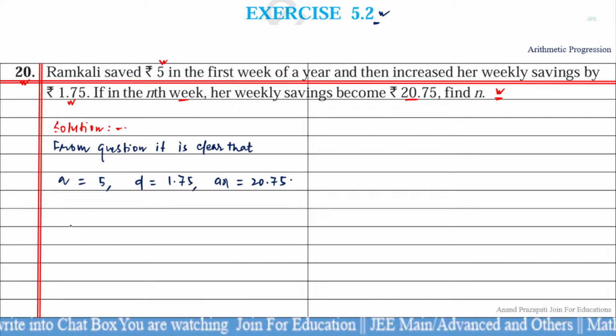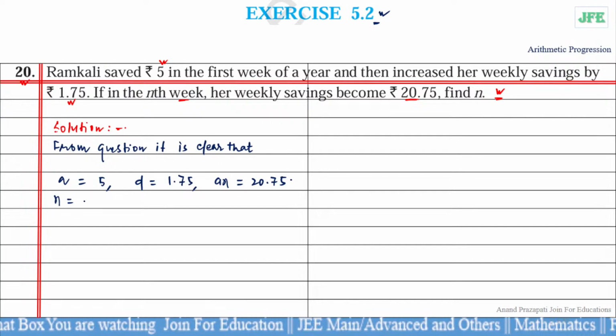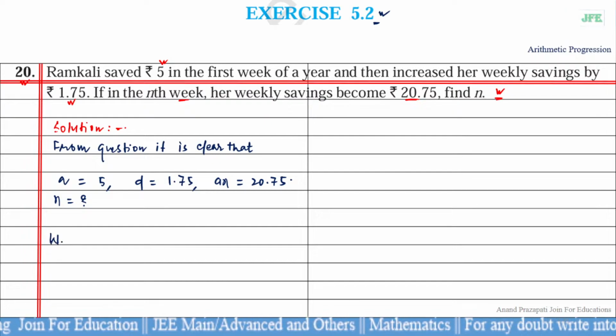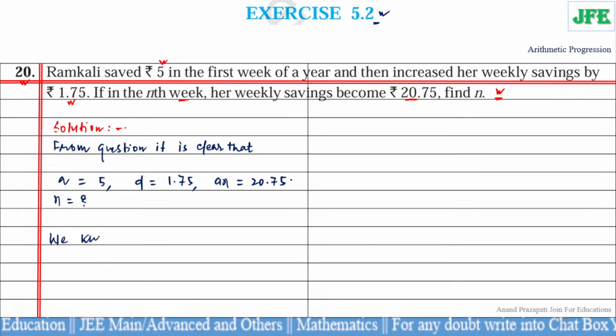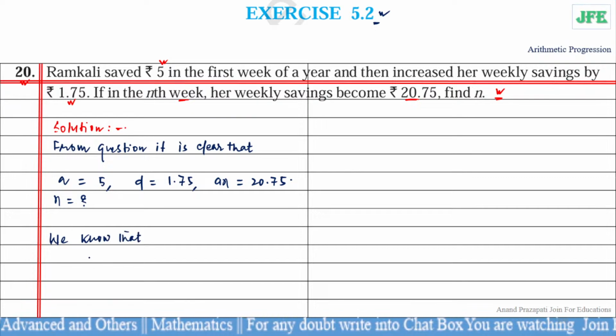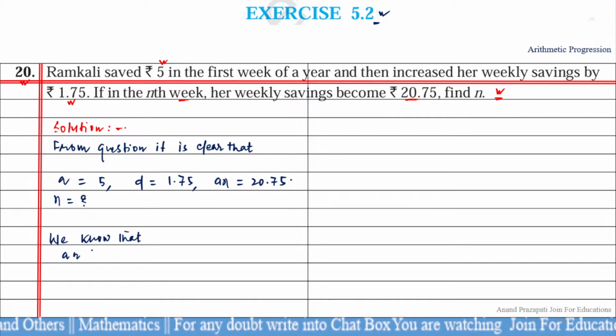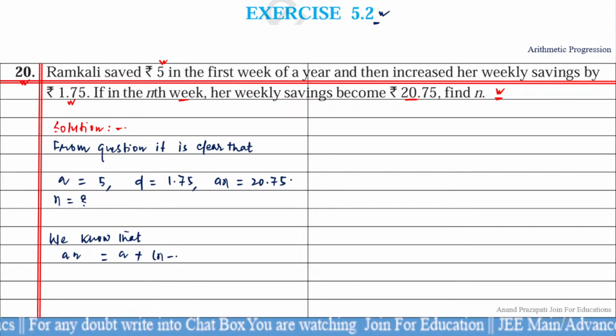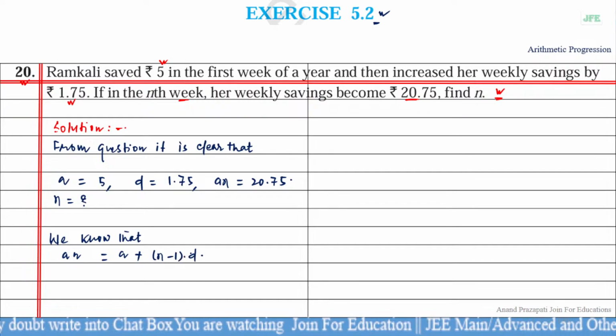So we recall the formula. This question asks us what is the value of n. So n equal to what? We know that, we recall the formula, an equal to a plus n minus 1 into d.